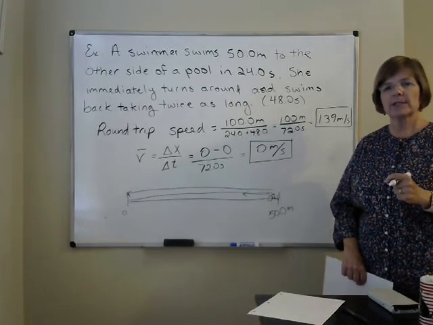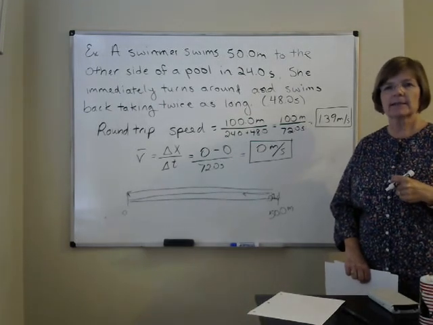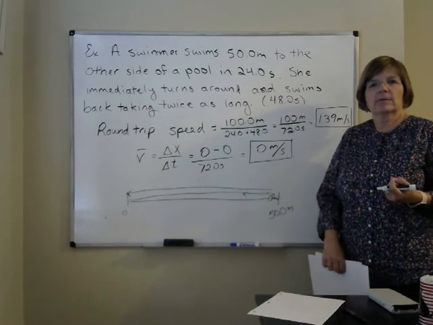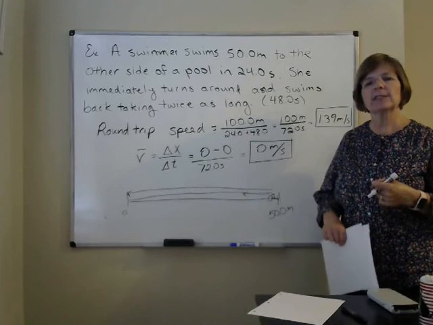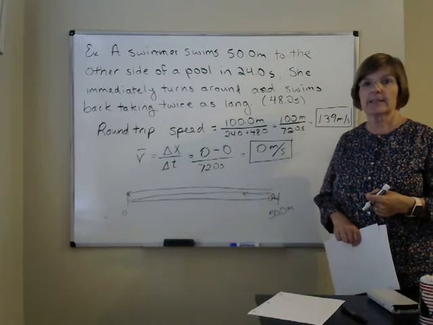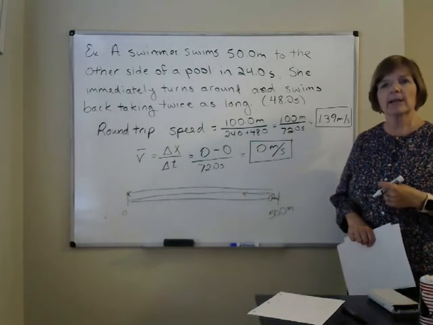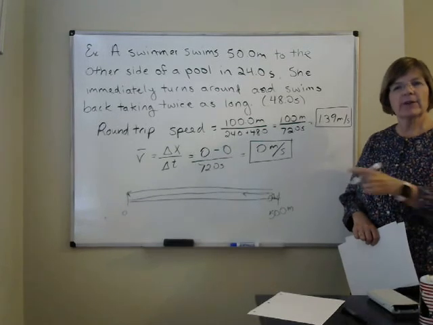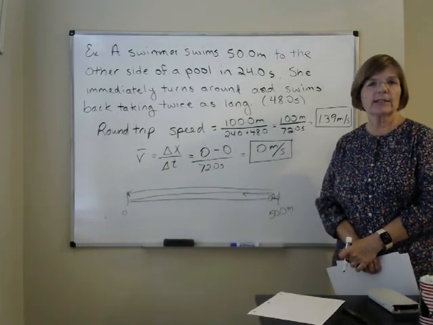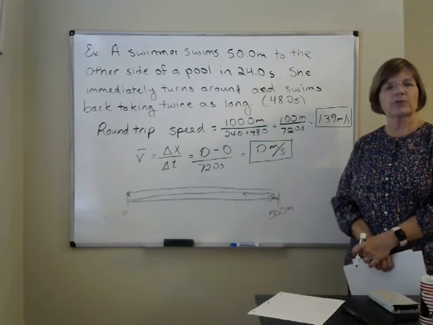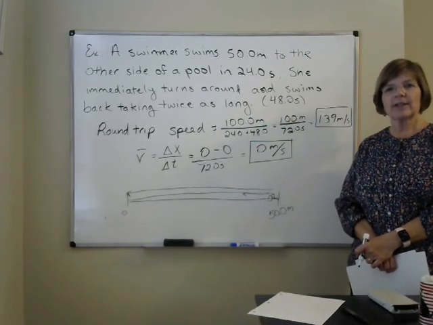Anytime you start and stop at the same point, your displacement's 0. Displacement is simply a change in position. If your position didn't change, it doesn't matter. So if you go out and run laps, you could have a very quick average speed, but if you start and stop at the same point on a circular track, your average velocity will be 0.